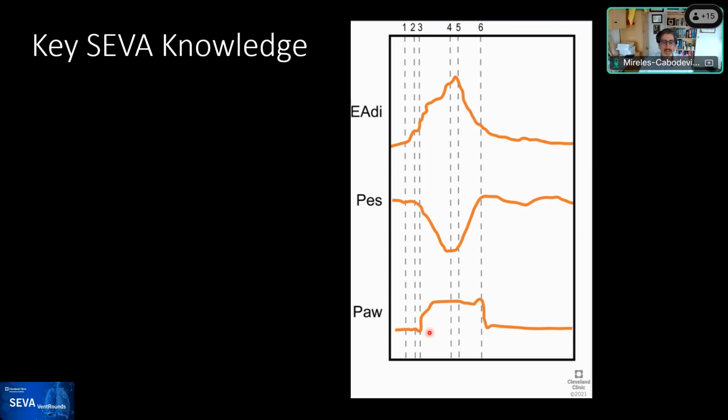And then the end of the breath, that's an interesting one. Number 5 points to the peak electrical activity of the diaphragm, and then it starts decreasing.